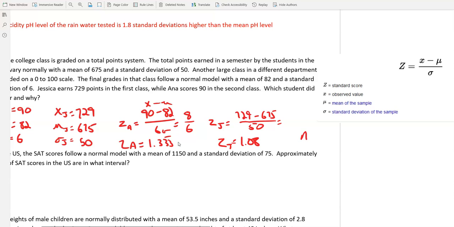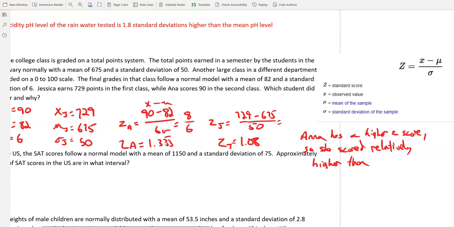So Anna has a higher z-score. So she scored relatively higher than Jessica. So yeah, that would be my final answer. Anna had the higher z-score relative to Jessica.